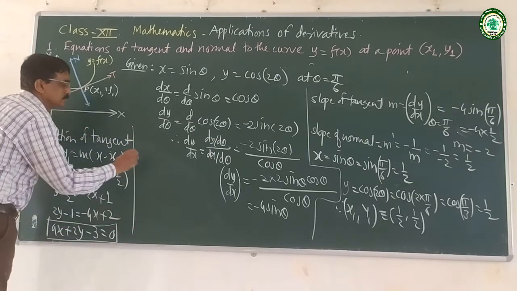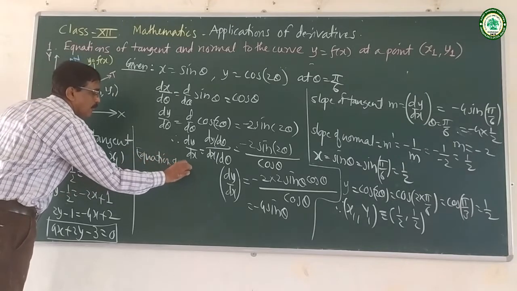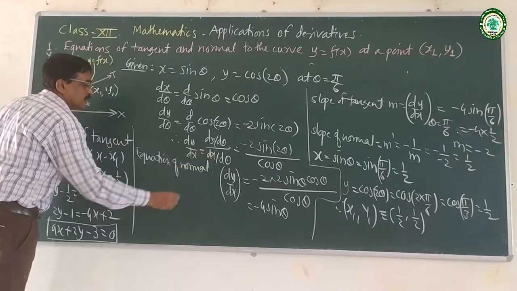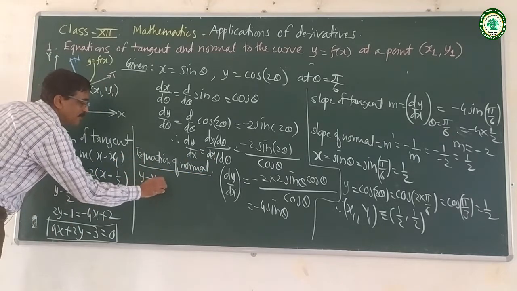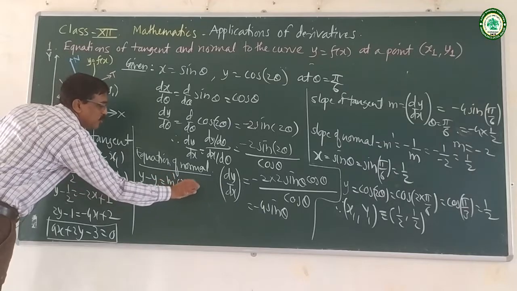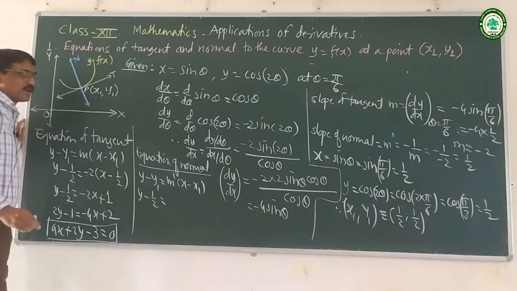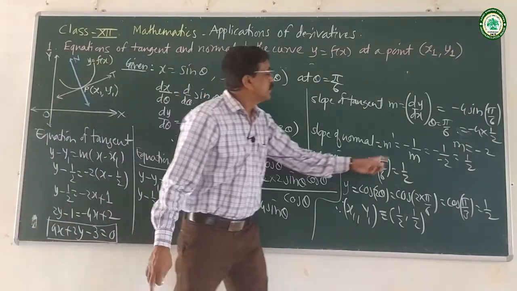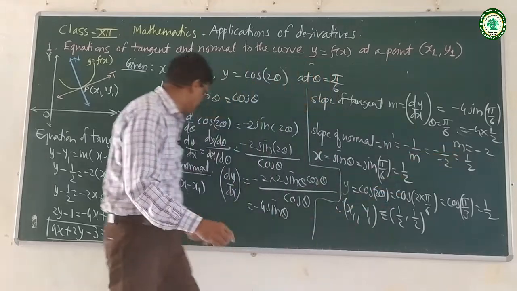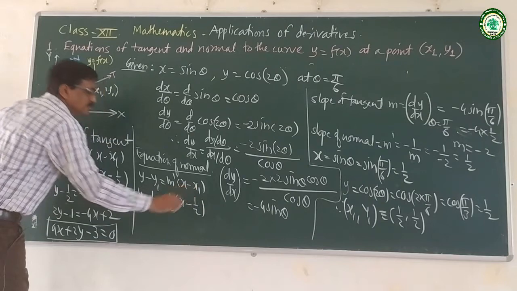And the last one, the equation of normal. Formula: y minus y1 is equal to m dash into x minus x1. So y minus y1 is 1 upon 2. What is m dash? M dash is 1 upon 2 into x minus 1 upon 2.